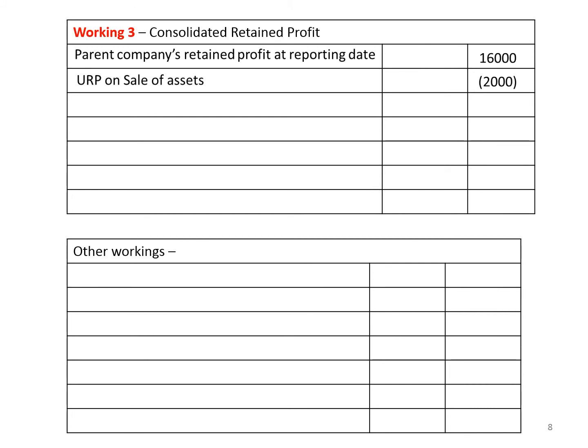In addition, Alpha is entitled to recognize Alpha's share from the post-acquisition profit of Beta, because post-acquisition profit of Beta is the profit generated under the direction and control of the parent company. So post-acquisition profit we identified 8,400 and Alpha's share is 60%.